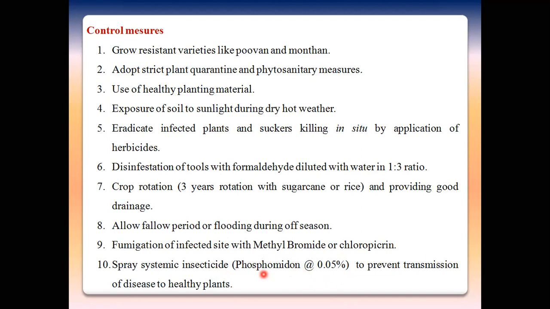And last, grow resistant varieties, that is Monthan. This Monthan variety is somewhat tolerant against Moko. So this is the information about Moko or bacterial wilt.